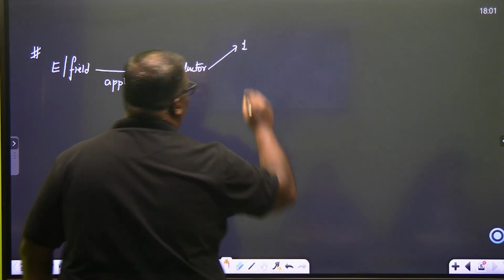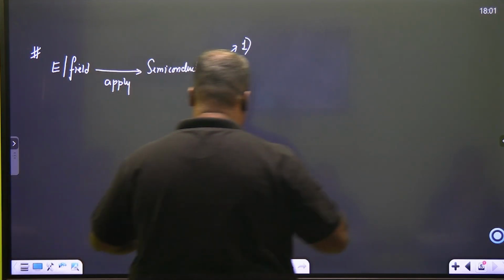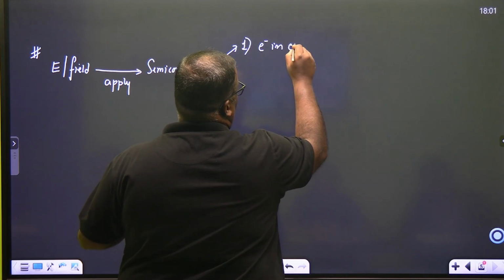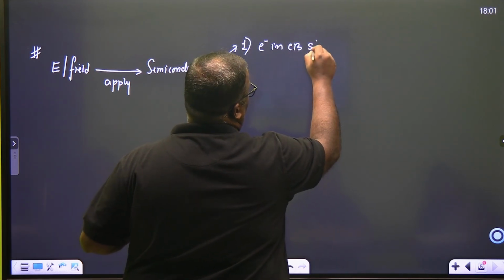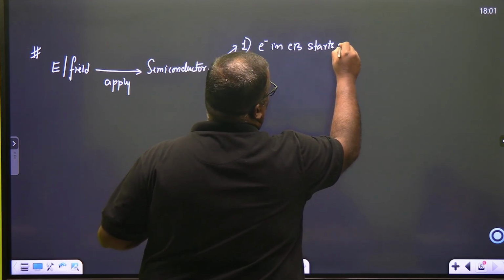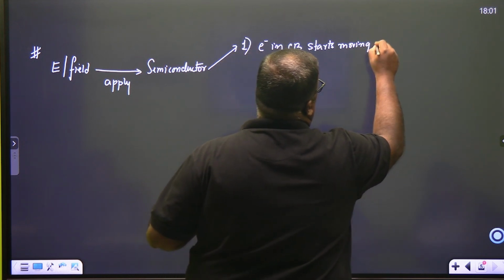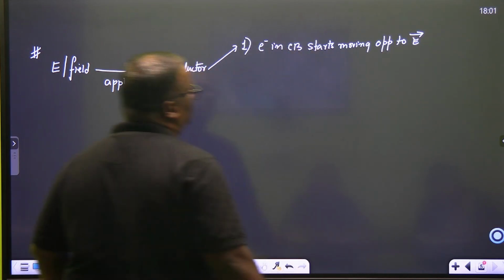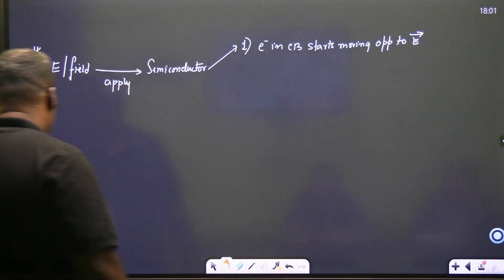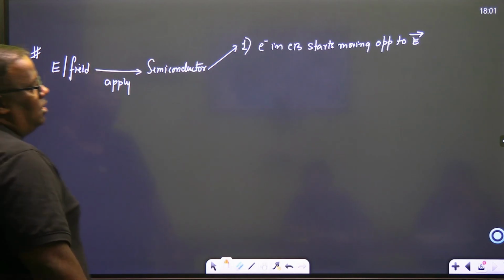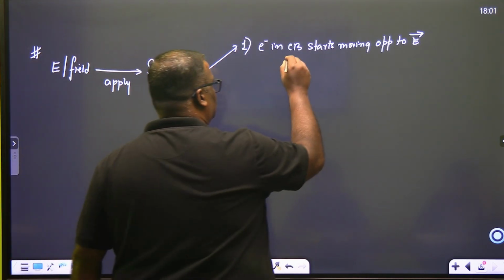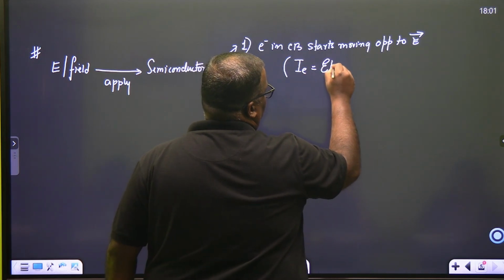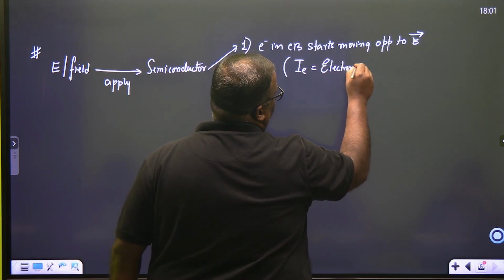Number one, an electron in the conduction band starts moving opposite to the applied electric field. The electron which is there in the conduction band starts moving opposite to the electric field. This constitutes what is known as IE, also known as the electronic current.